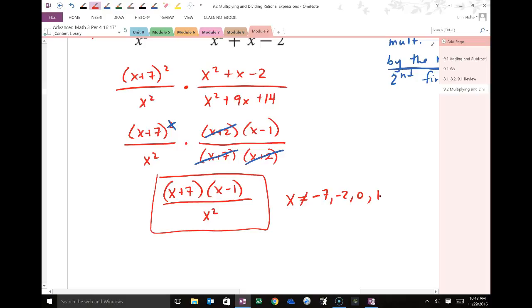Yeah, because they were originally on the bottom. Okay, so this 1, remember, was flipped upside down the other way. At some point there was a 0 in the denominator. Okay, so this one that flips, and that only works on the second fraction. We're not going to look here. Okay, so if this was like, I don't know, x plus 5 or something, that would not be a restriction. It's only of the second fraction, the one we flipped.